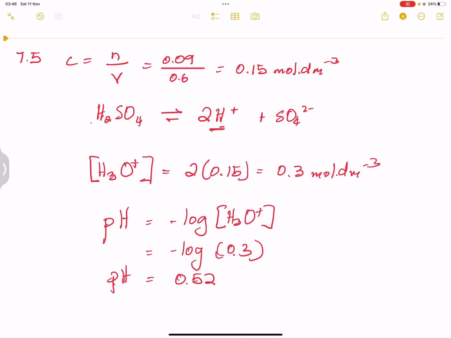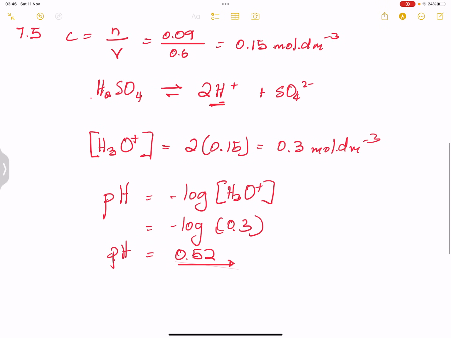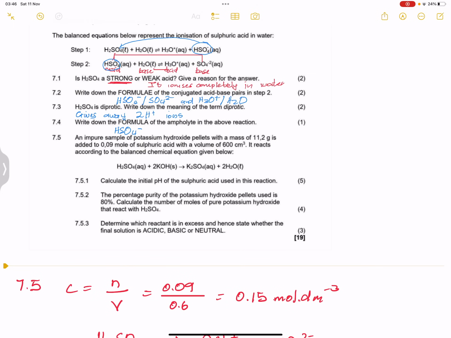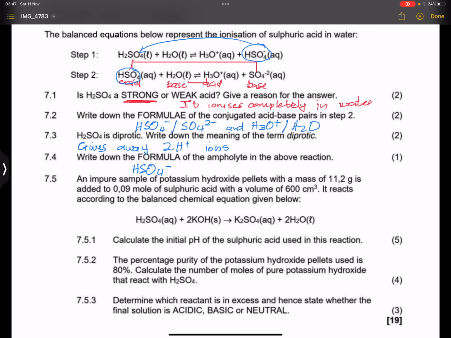So that's a pH of 0.52. This is obviously considering complete ionization.